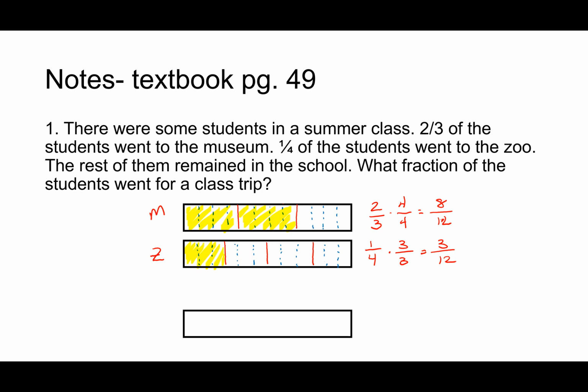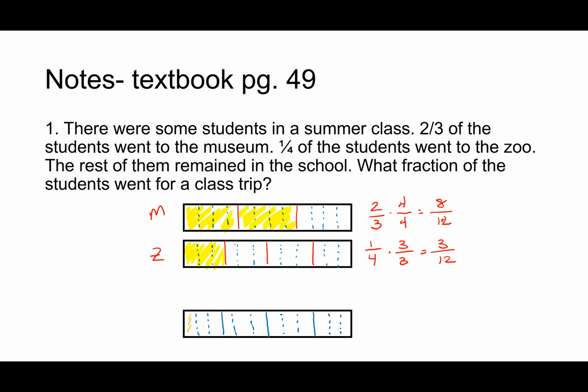Okay, so let's go ahead and make a new bar model down here. And we're gonna divide this up at the 12ths. And we're gonna use this to show all of the kids that went on a class trip on this day. Okay, so I've got my 8/12ths that went to the museum.